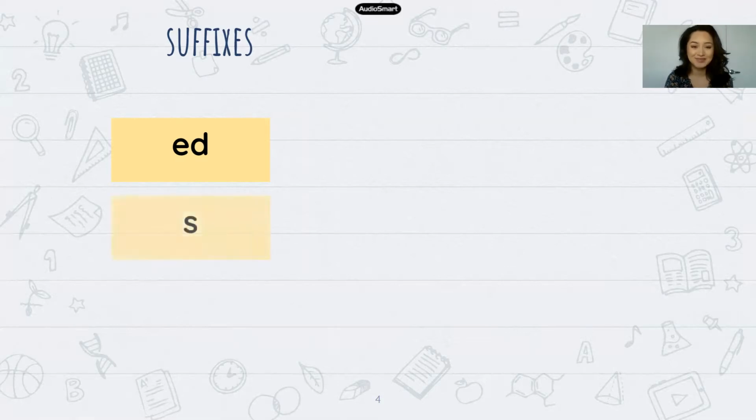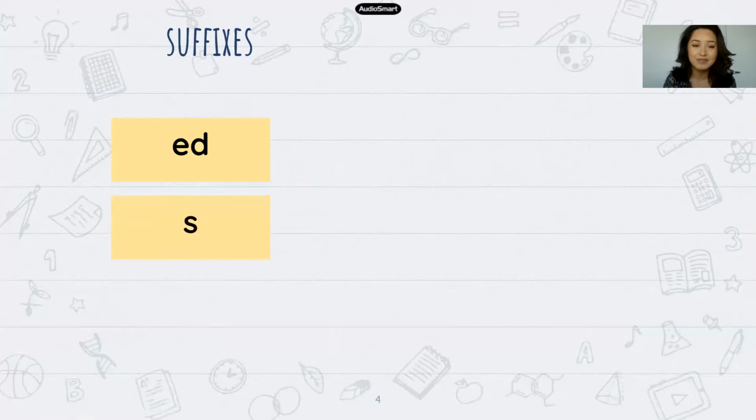Good. It's an S. Remember, an S makes something go from one to many, as from dog to dogs. This suffix also says /s/ as in parks. All right, so this suffix both says /z/ and /s/.